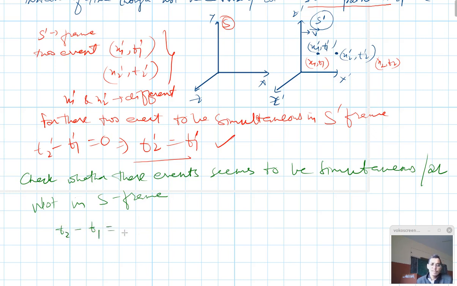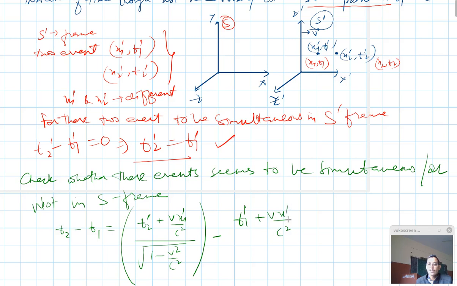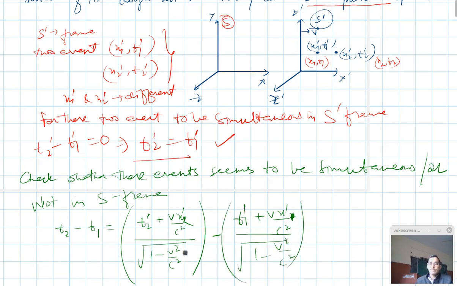If I apply the Lorentz transformation, t2 is t2 prime plus v x2 prime over c square, divided by the square root of 1 minus v square over c square. This is the value of t2 in terms of the prime frame, and t1 can also be written as t1 prime plus v x1 prime over c square, over the square root of 1 minus v square over c square. That's what we are getting.